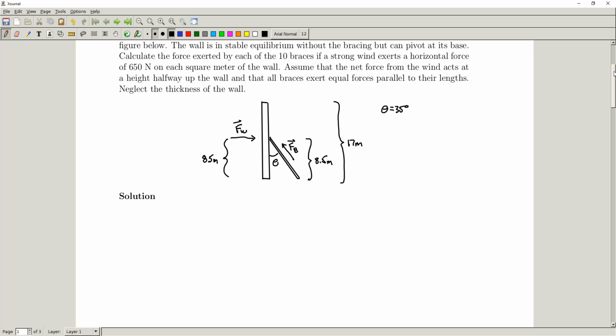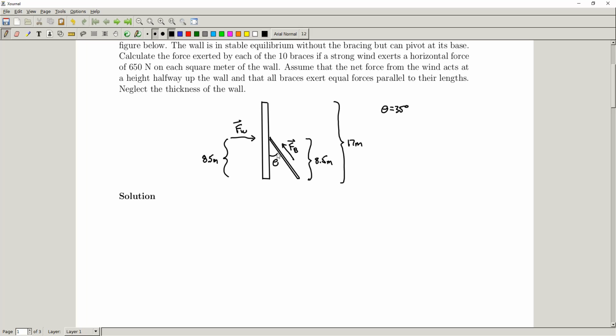Now, we could think about this in terms of torques. We could set up a positive direction for our torque in this direction, and then take a look at all the torques. But we just have to realize that really there's going to be no torque on the system, because while we have our force of wind hitting this wall halfway up the wall, we also have the force supplied by our braces hitting the wall halfway up the wall.